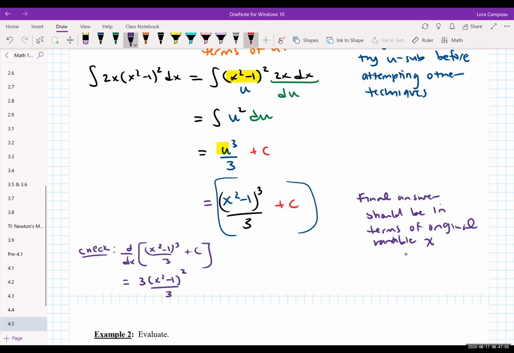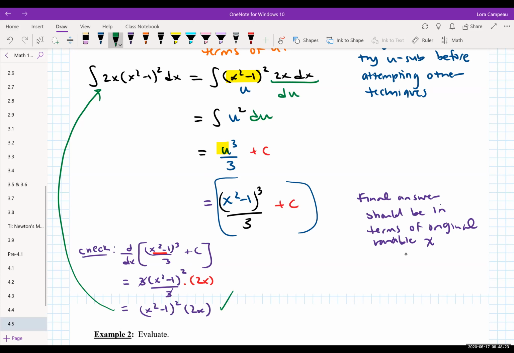But you have to remember that when you take the derivative of something more complicated than just an x, there's a chain link we attach on. So when we simplify, the 3's divide out, and we end up getting x squared minus 1 squared times 2x. And if you go back and look at your original integral, oh yeah, it's the same.